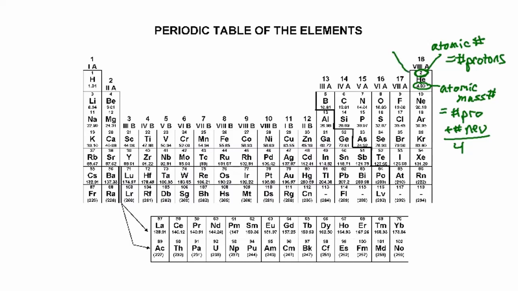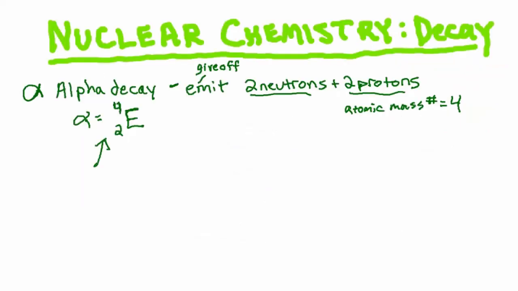Well, what is this element that has 2 protons and its atomic mass is 4? Well, that's helium. So going back to our other page, this generic E, with an atomic mass number of 4, and the atomic number, or the number of protons, is 2, well, that's the same thing as helium.